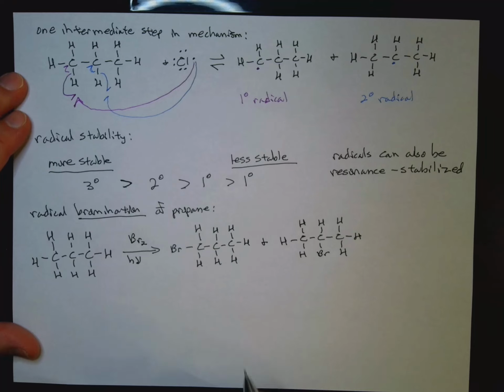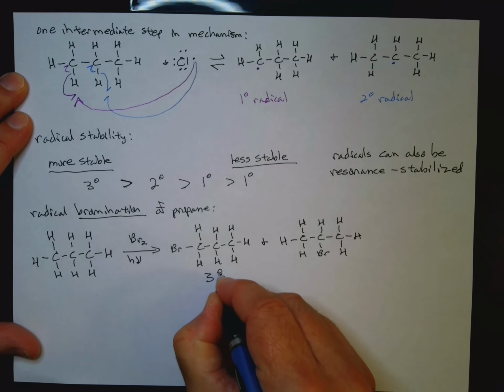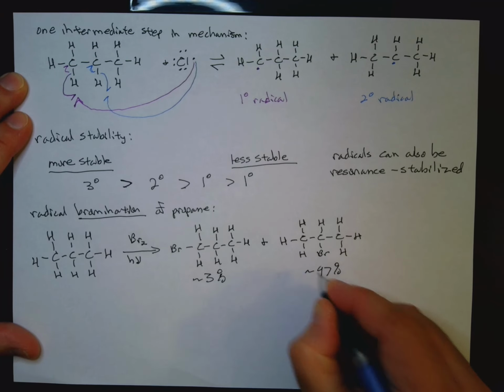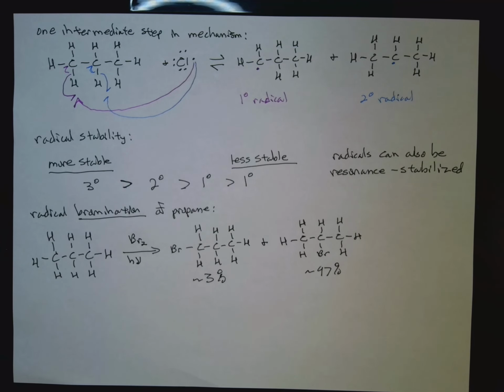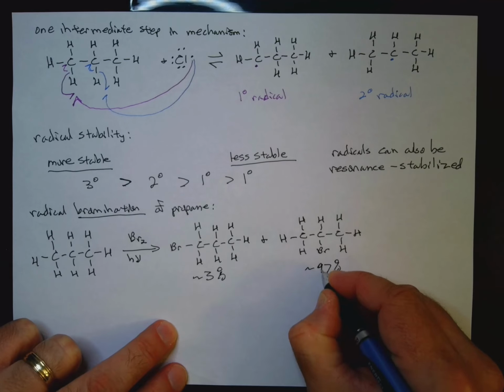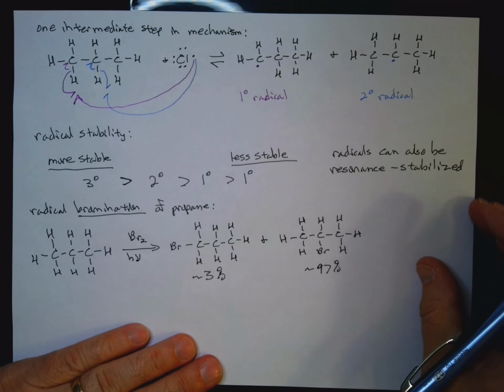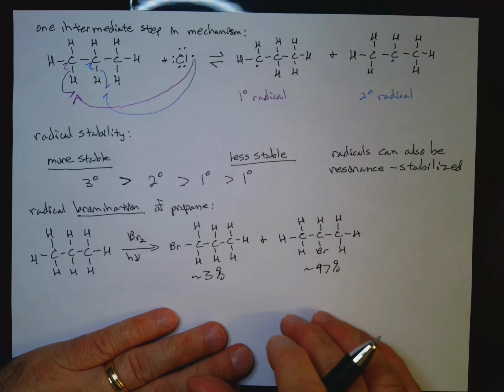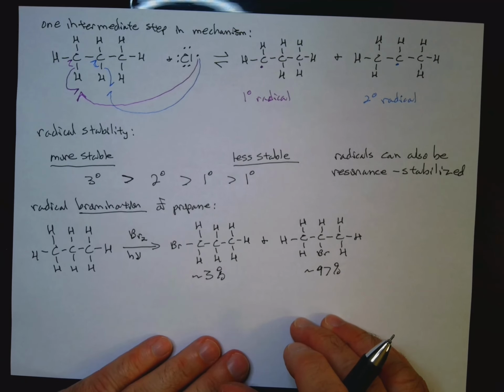And now we have a product ratio of around 3% 1-bromo and 97% 2-bromo. So what we would say then is that bromine is much more selective.